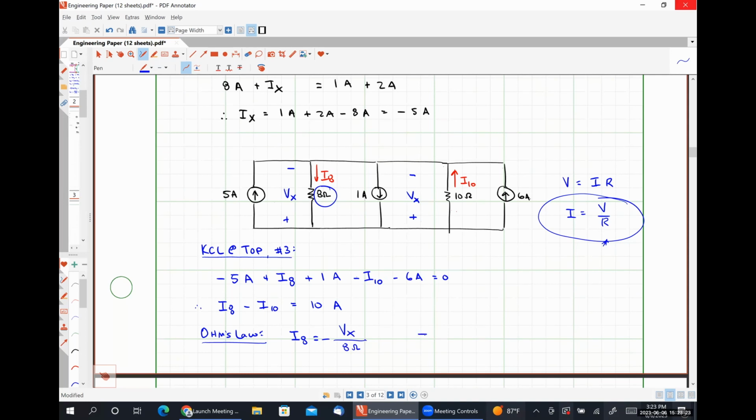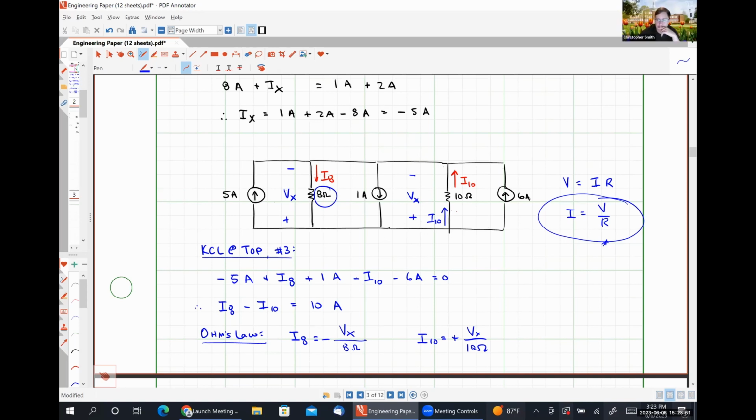For I10, we have Vx divided by 10 ohms, but the current is flowing into the positive polarity terminal first, right? Here's that current I10, another way to look at it. It hits the positive polarity terminal first and then exits the negative polarity terminal. So this one gets a plus sign.